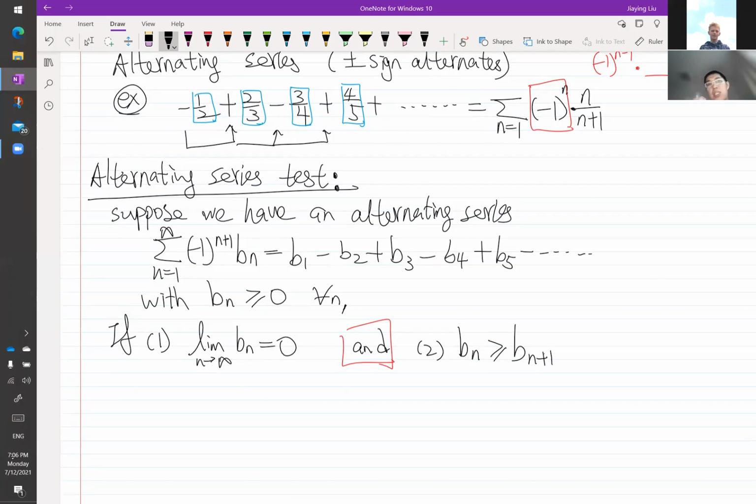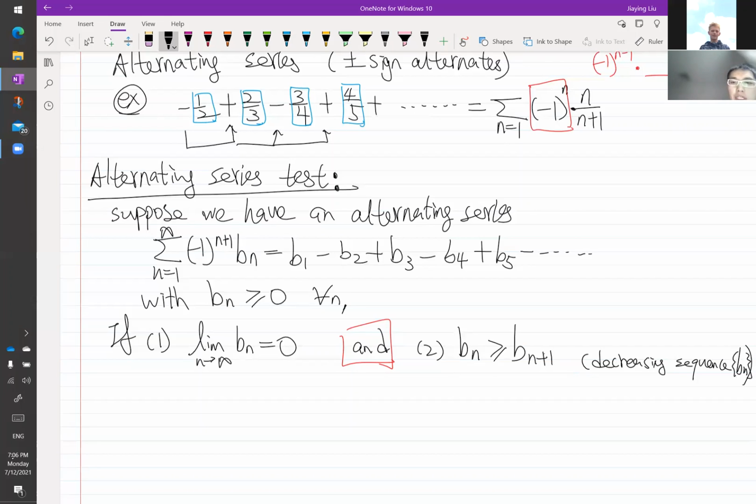This tells you that the term bn is bigger than the term that comes after it, so the value of bn is decreasing. If we just look at bn as a sequence, it's a decreasing sequence.